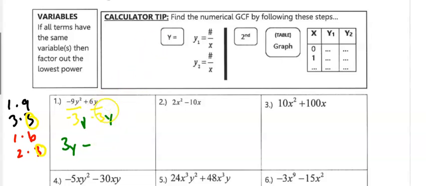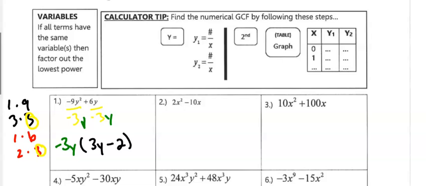So if we take out the negative 3y, we're going to look at what's left, which is going to be our positive 3. We got a y left, minus 6 divided by negative 3 is the negative 2. The y's cancel out, so there we go. The beauty of factoring is you can always multiply that back out to make sure you get what you started.